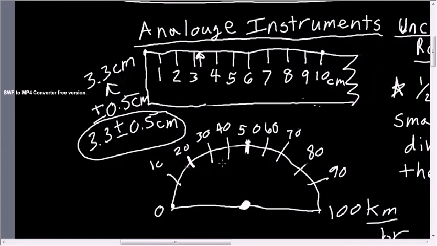Let's say that I'm driving in my car and my speedometer is pointed to this point right here. I might say that my car was going, let's say, 34 kilometers per hour.